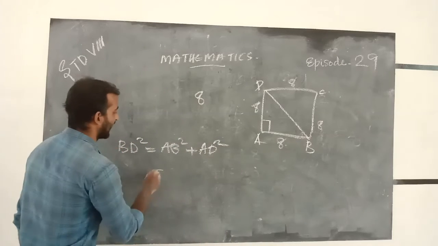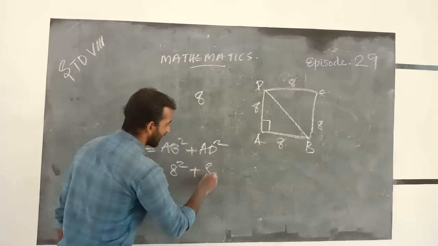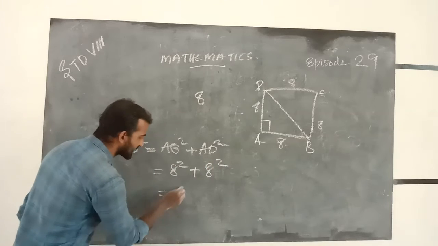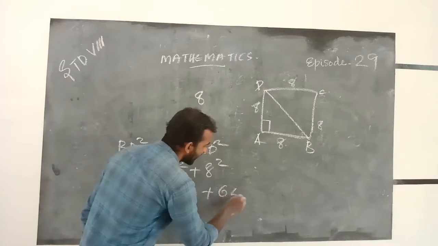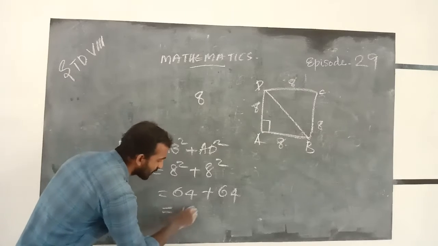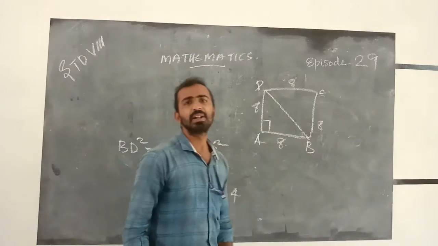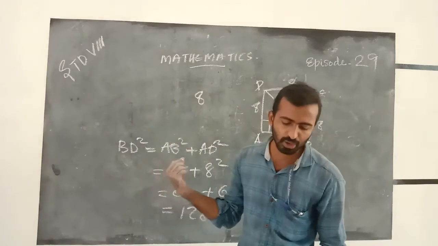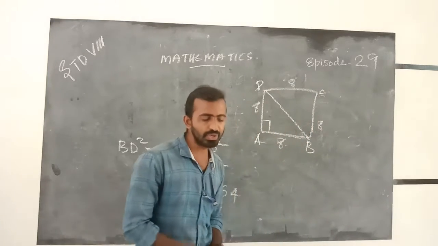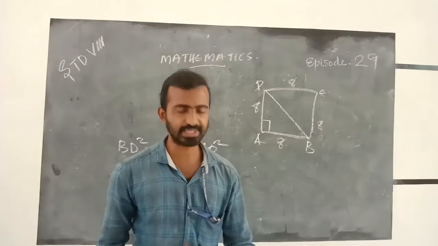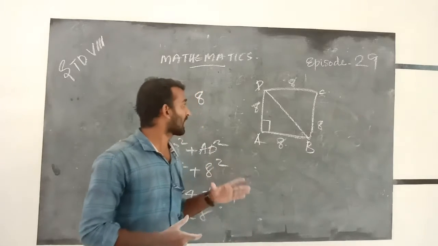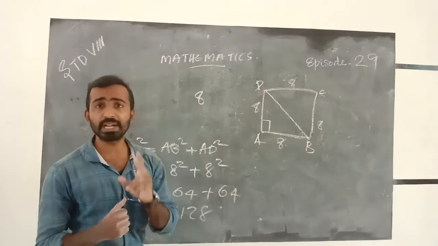That is 8 square plus 8 square. What do we get? 64 plus 64, we get 128. This means BD square equals 128. We want the length of BD, not BD square.